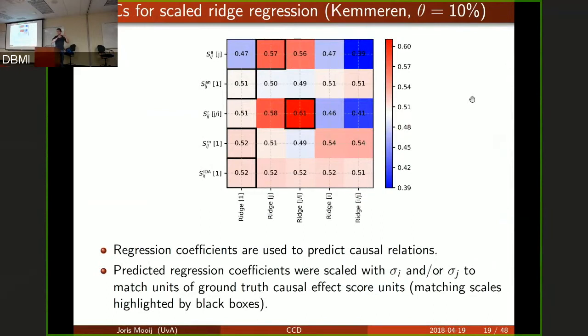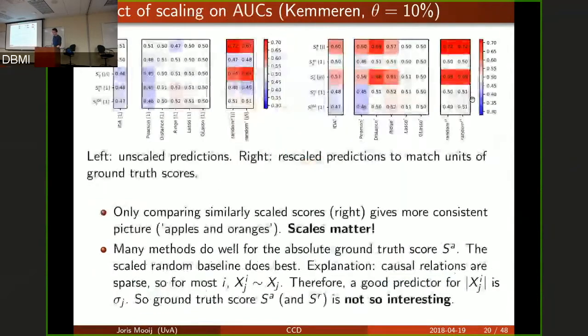And then the validation task, we should use that same measure for our prediction. So that's indicated with these black boxes here. That already makes it, well, rather than looking at 25 of these numbers, we only have 5 to look at if we do that.